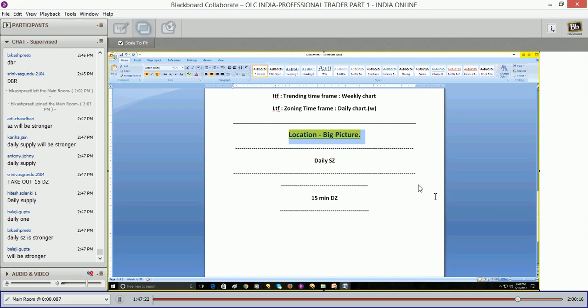Because I'll be planning a trade in the 15-minute demand zone, and right next to my 15-minute demand zone there will be a big daily supply zone with so many pending orders that it will take my demand zone out. Possible?